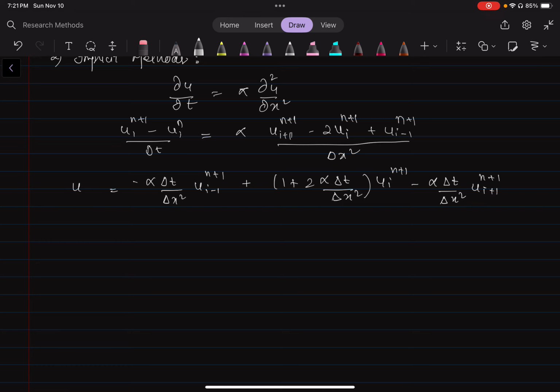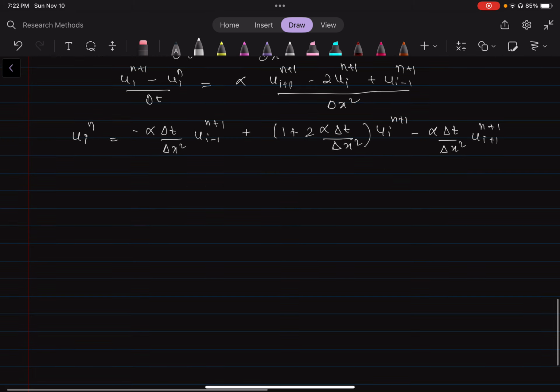This basically is equal to the value of this variable at the given time and the given point, so spatially and locally. So this basically gives us a matrix to solve, which is of the form Ax equals b.